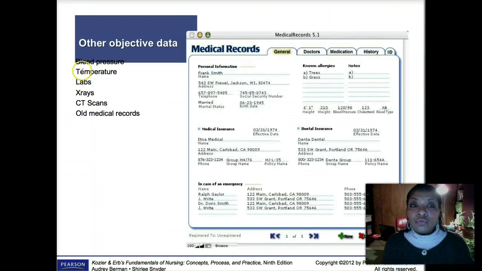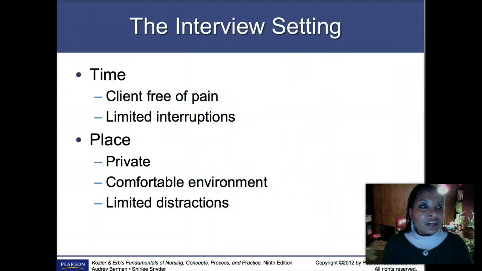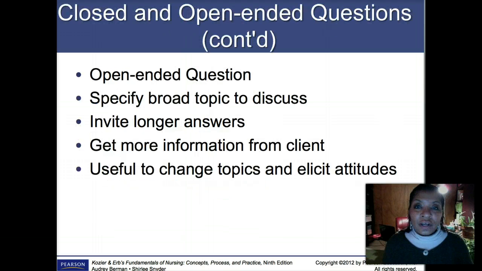Are you using records, x-rays, CT scans, patient history? And you're integrating skills from the last unit, your communication skills regarding interviewing and using open-ended versus closed-ended questions to help you gather data and have a good assessment.